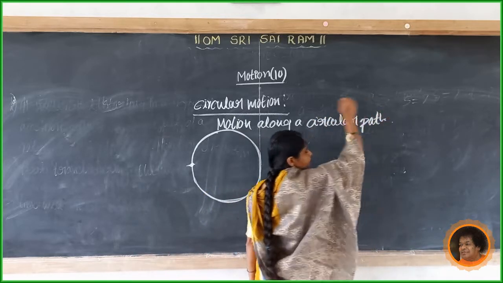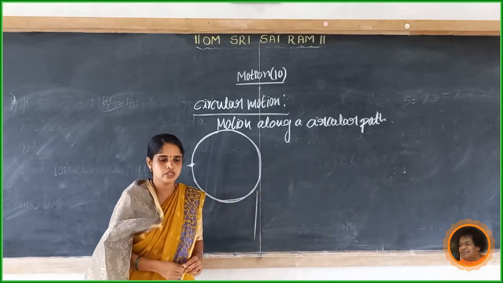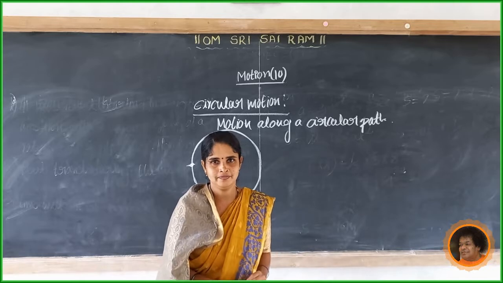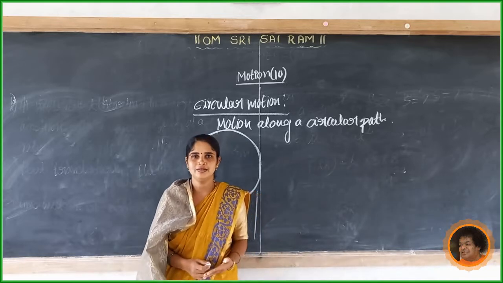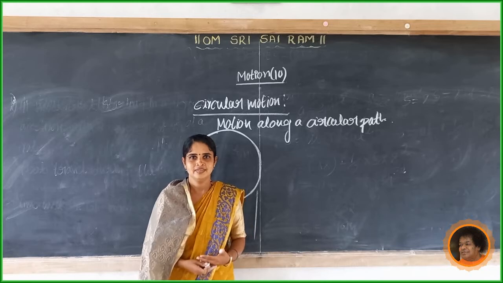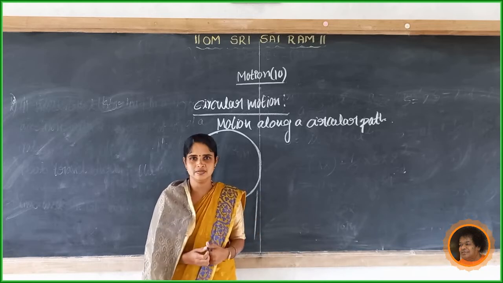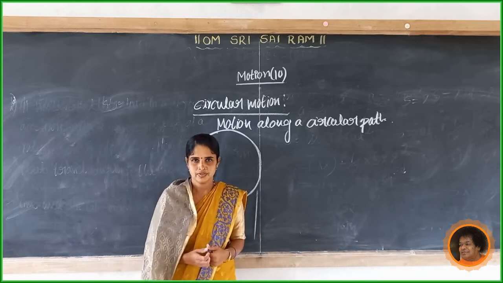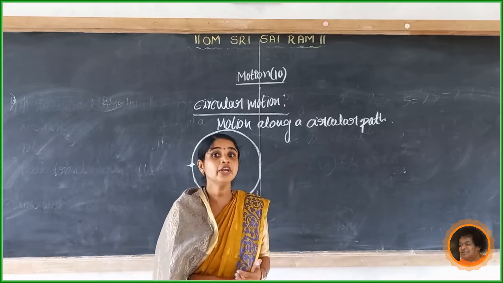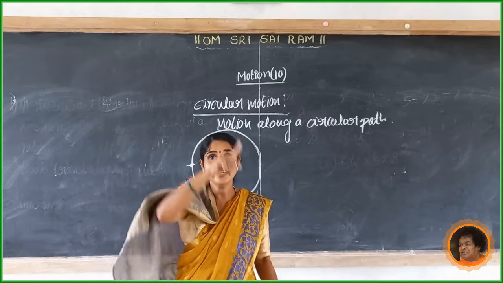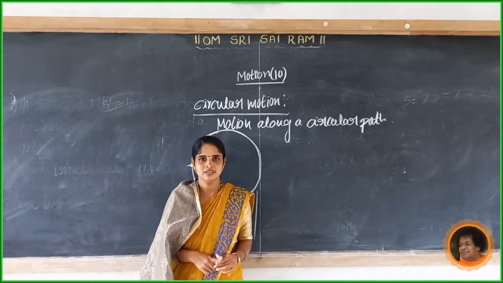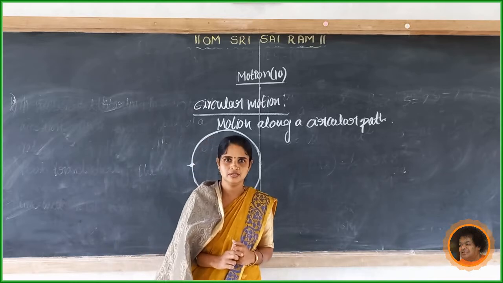Motion along a circular path is called circular motion. For example, the motion of a vehicle's wheel, it rotates, so it is a circular motion. Motion of a giant wheel, it rotates in a circular path, so it is a circular motion.